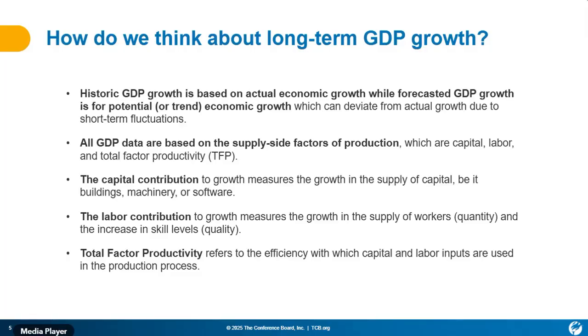For the capital contribution, we're looking at the supply of capital to build things: buildings, machinery, software. For labor contributions, we're looking at the supply of workers, which is the quantity, but also increasingly the quality of workers in terms of their skill sets and knowledge base.